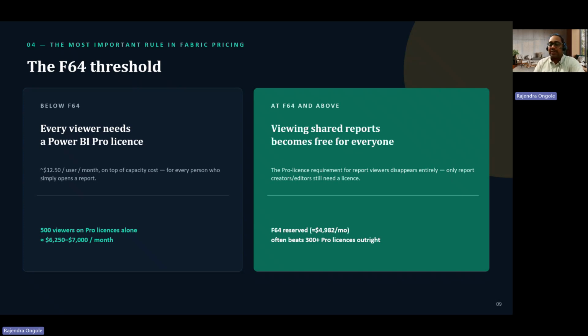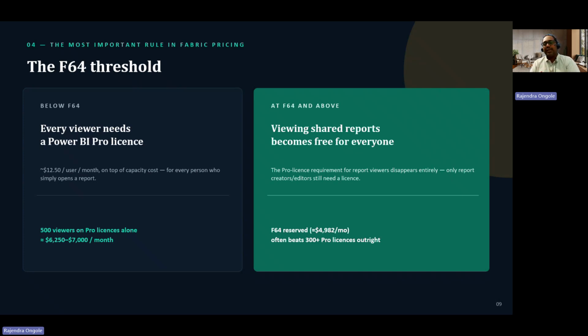If you check the amount, how much they're charging, 6,250, right? Per month, 500 viewers. Take it as $15 currently, or $12 per month per user. You can calculate it according to 500 viewers. So you have to pay around 6,250 to 7,000 per month.